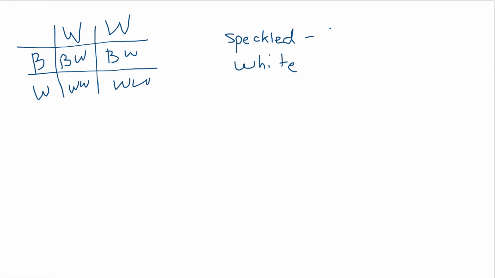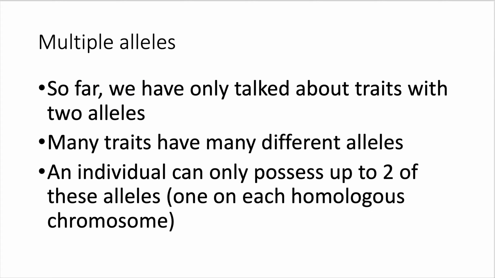You could do a fraction. So this would be 2 out of 4. Reduce that, 1 out of 2. It's the same for white, of course. Or like I said before, I like to work in percentages. So 50% speckled, 50% white. So I hope you got 50% and 50% again. Give yourself a high five if you did.